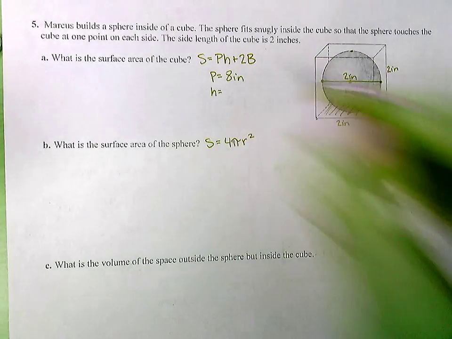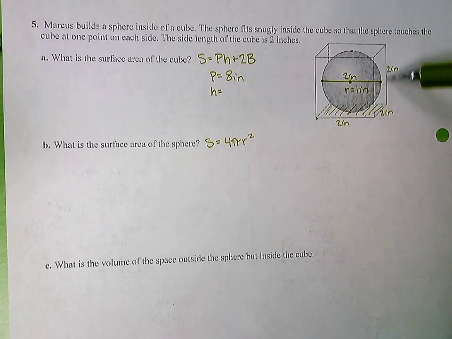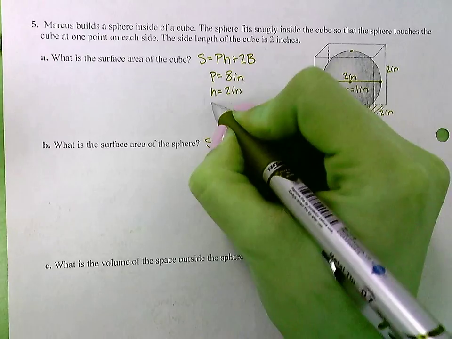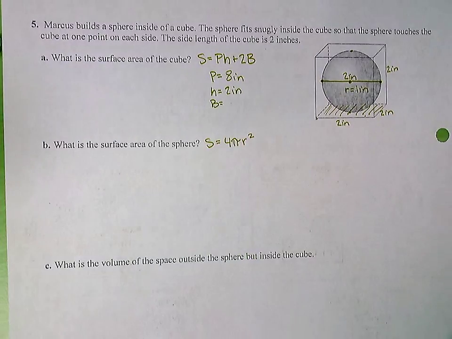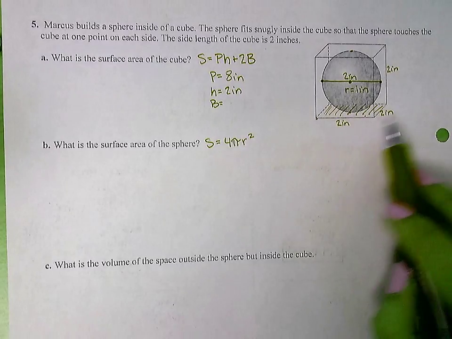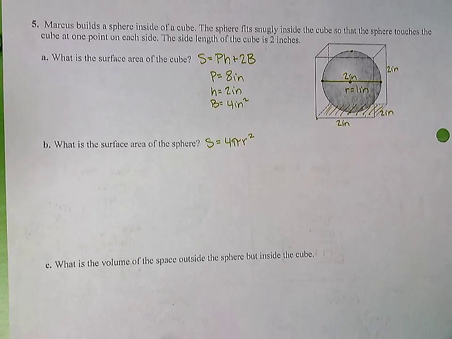The height of the cube, from one base to the other base, is going to be 2 inches. Capital B is the area of the base. The area of this base will be 2 times 2, which is 4 inches squared.